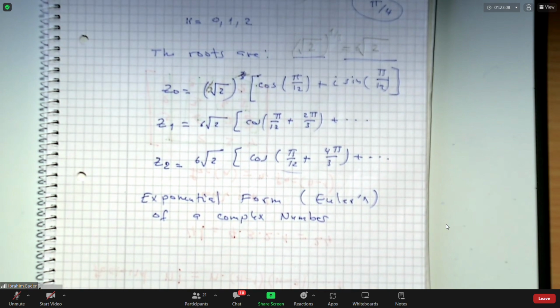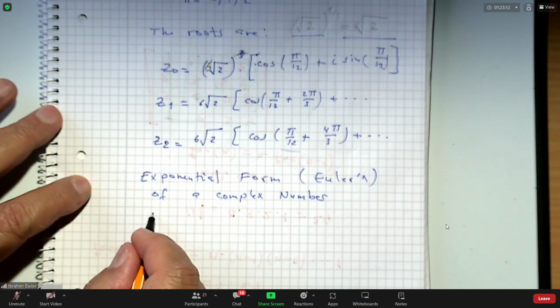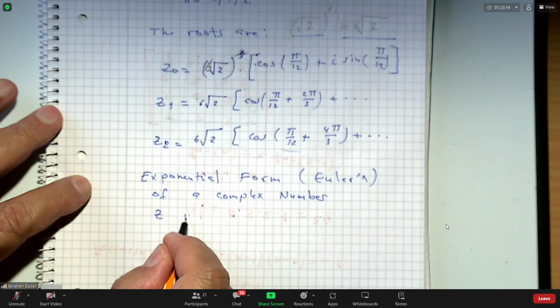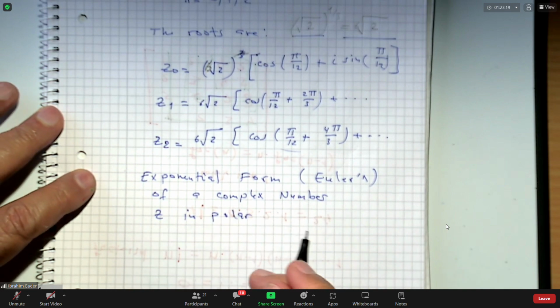So the exponential form of a complex number, if you are given z in polar form, is just a method of writing it.